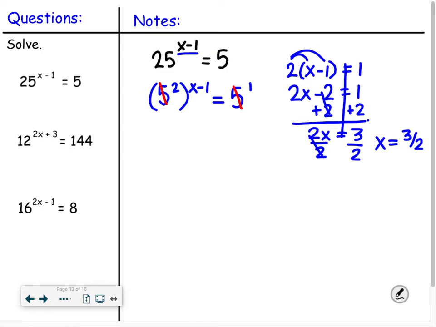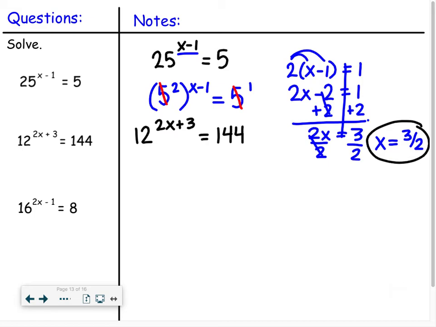All right, second one, 12 to the power of 2x plus 3 equals 144. For this one, my common base should be 12. So this side doesn't change, but 144, hopefully you know, is 12 to the second power.